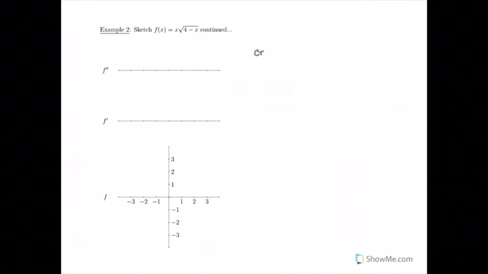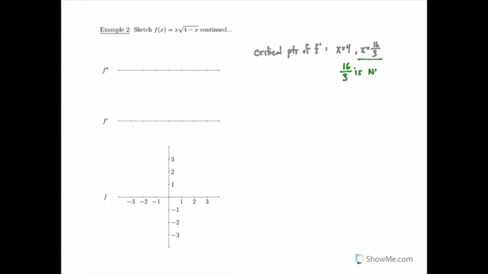So we have critical points of the derivative first. x equals 4 and x equals 16/3. And if you caught it already, fantastic, but 16/3 is not in the domain.